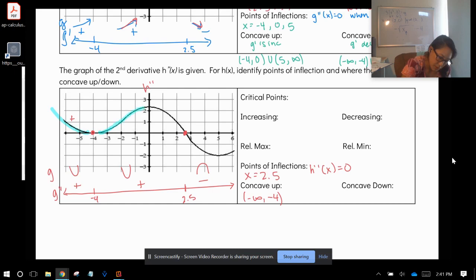And I'm also concave up from -4 to 2.5, with 2.5 not included. And then concave down from 2.5 on to infinity. And that is that. These are really tricky. I know.